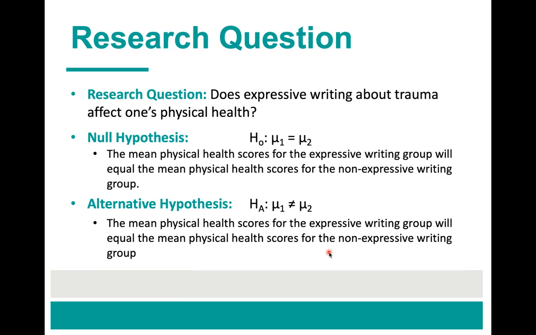Now we can set up this scenario with our research question and our hypotheses. First, our research question is, does expressive writing about trauma affect one's physical health? Notice the non-directional language.